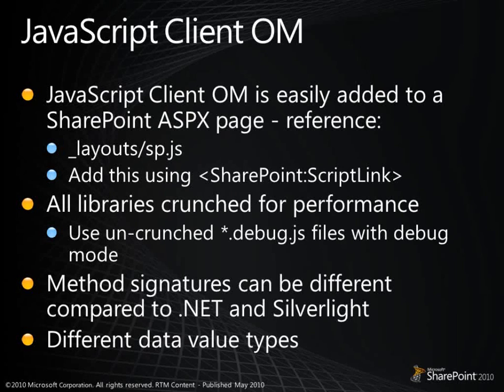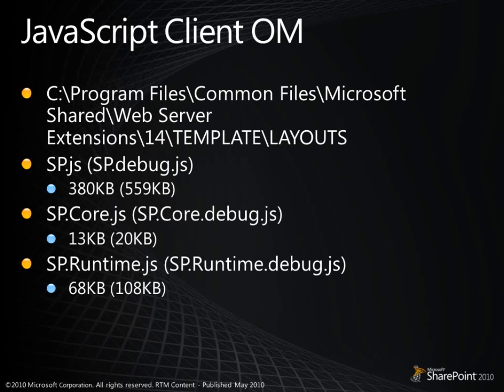There are minor differences in the method signatures compared to the .NET and Silverlight client object versions. Also, the data value types are different due to the nature of JavaScript. As mentioned in the previous slide, JavaScript client object model files are located in the layouts folder under the 14 root folder.